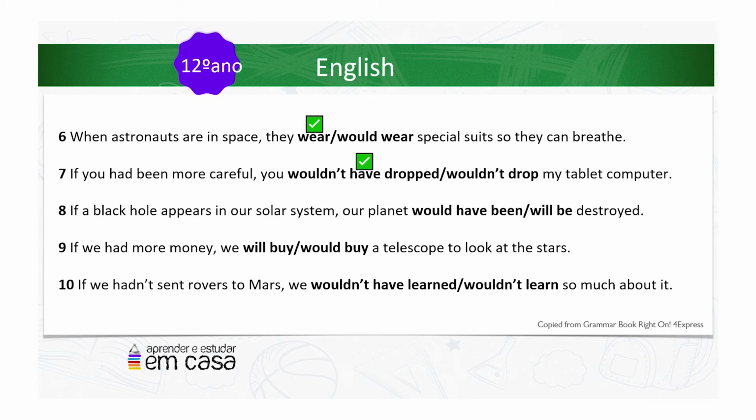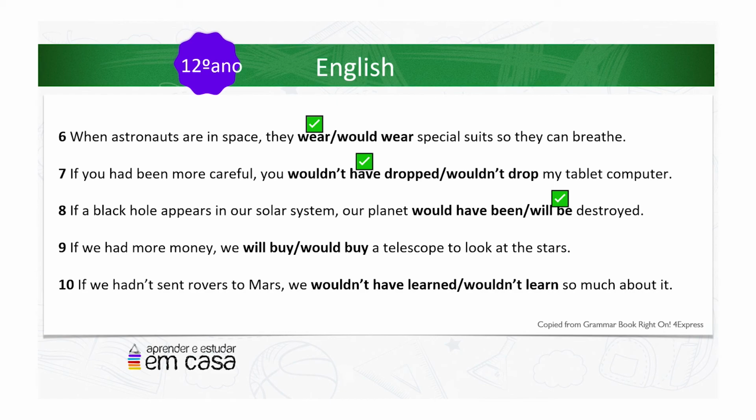You wouldn't have dropped. If a black hole appears in our solar system, our planet would have been or will be. So appears here, third person singular. What do you think? Will be.